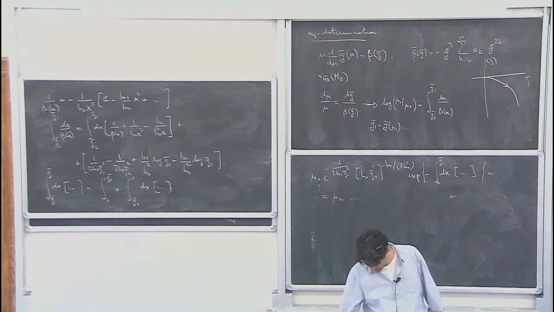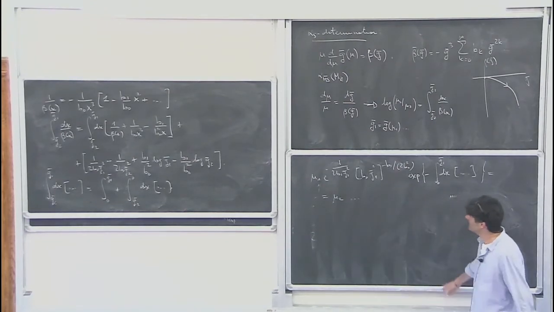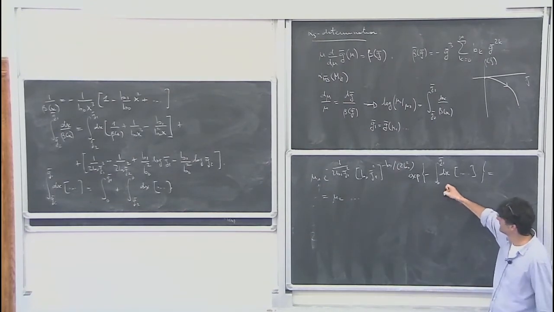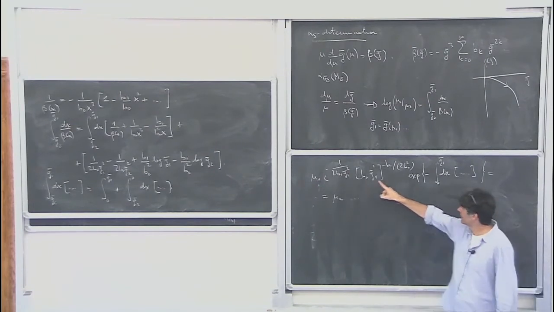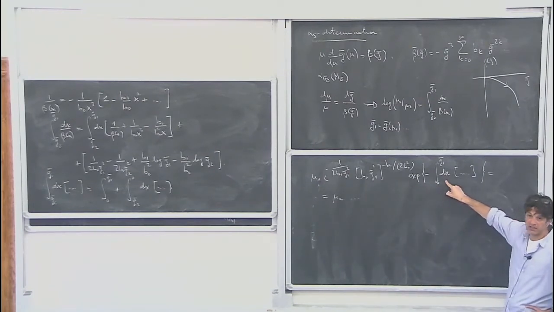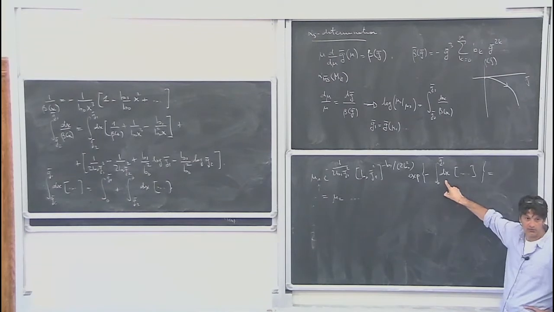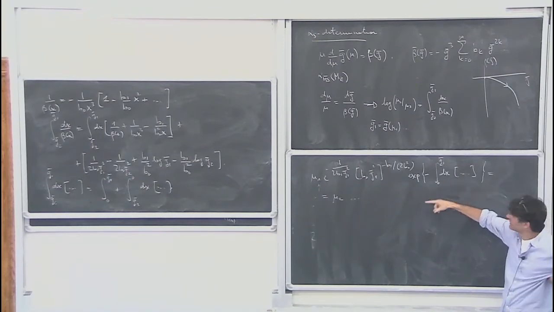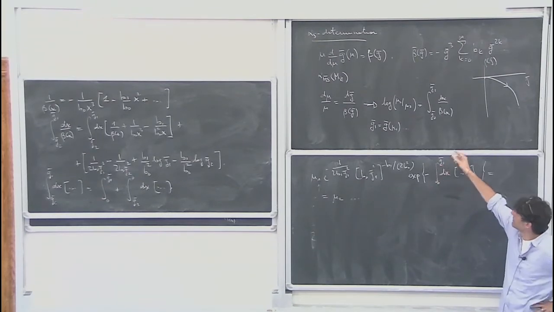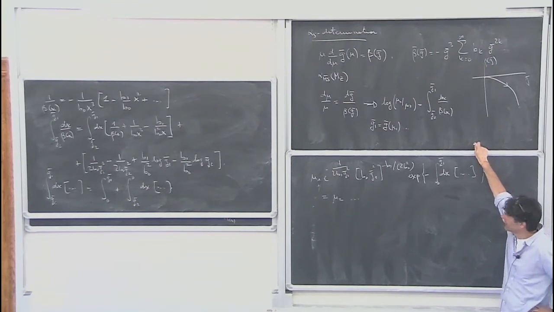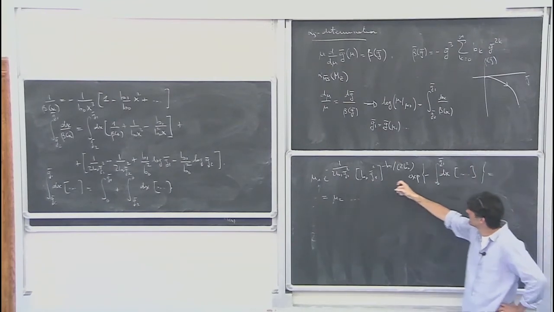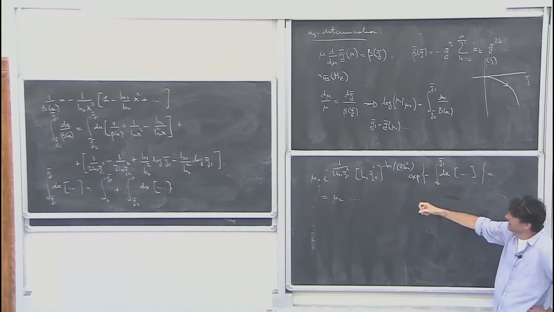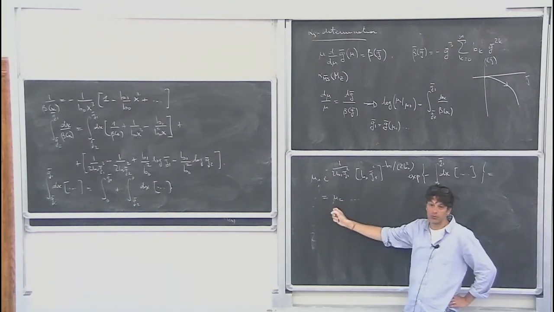So what this is telling you is that this expression here is independent of the value of mu. Because this calculation was done for arbitrary values of mu1 and mu2, and you find that this combination is the same for any value of mu1 and mu2.